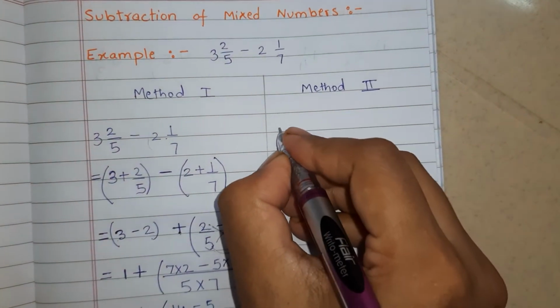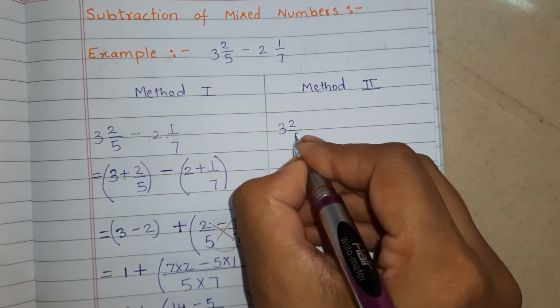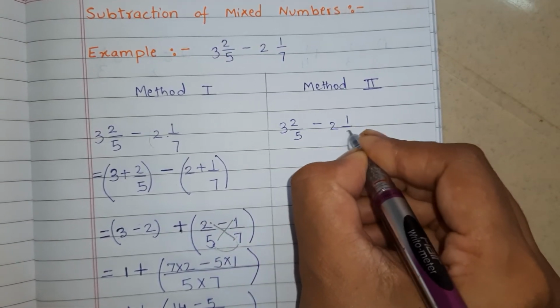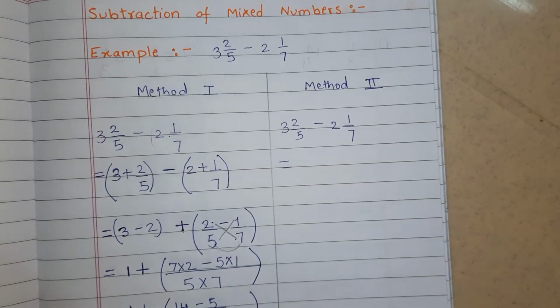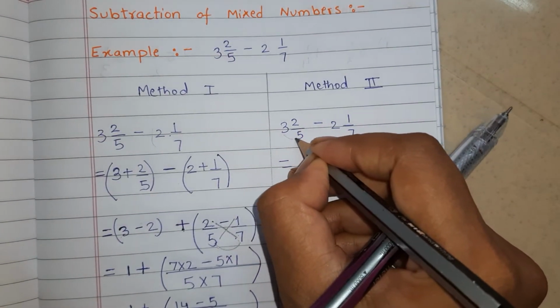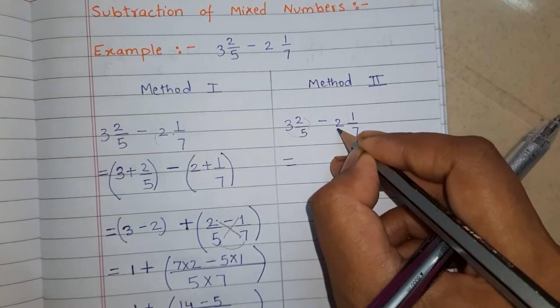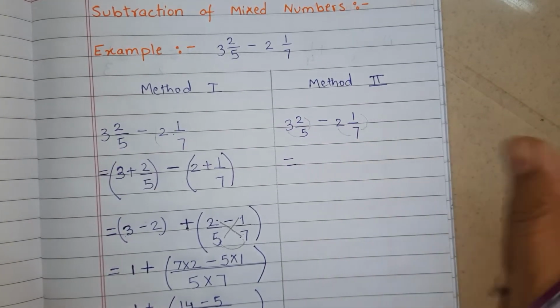Method 2. Again, write down the question first. Then, what is the next step? Convert into improper fractions. So 3 5s are 15 plus 2, 2 7s are 14 plus 1.